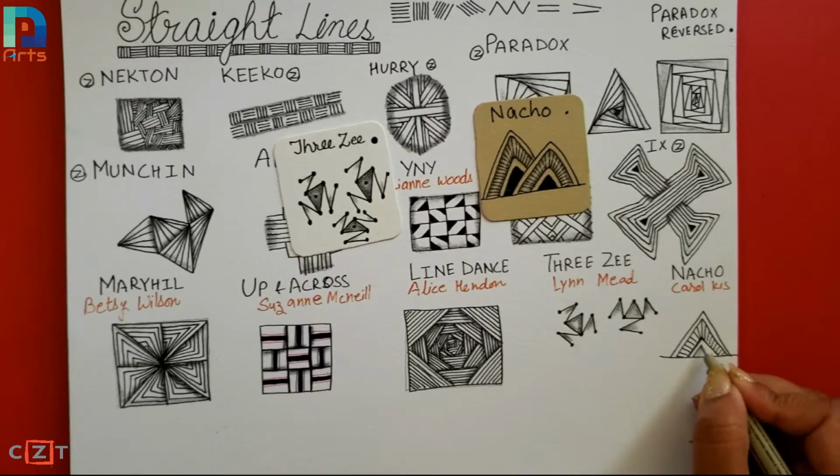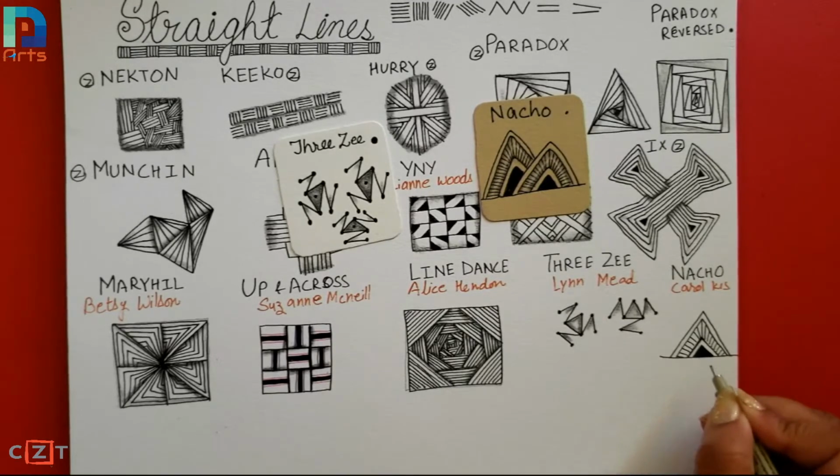And then again an aura line, and you just fill it. So you draw these triangular shapes as many as you want. They overlap with each other and create a beautiful look.